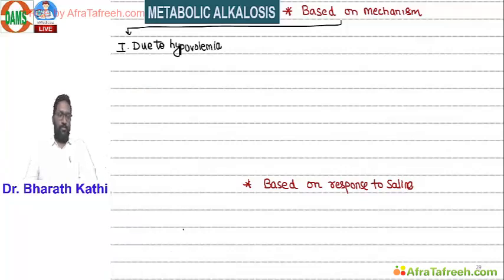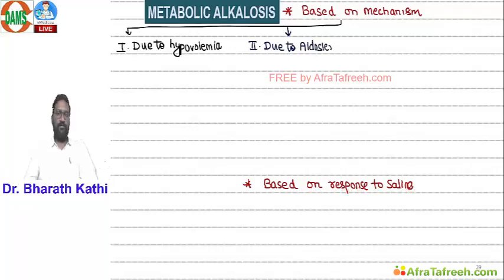Category 2, metabolic alkalosis due to unnecessary aldosterone excess.